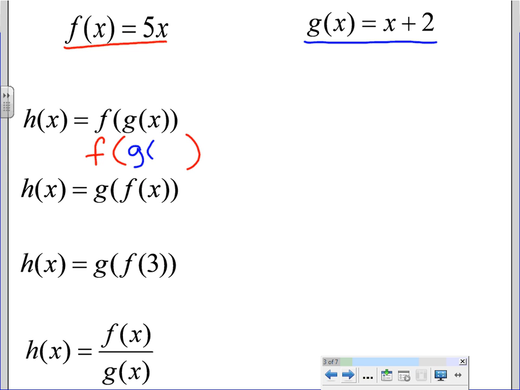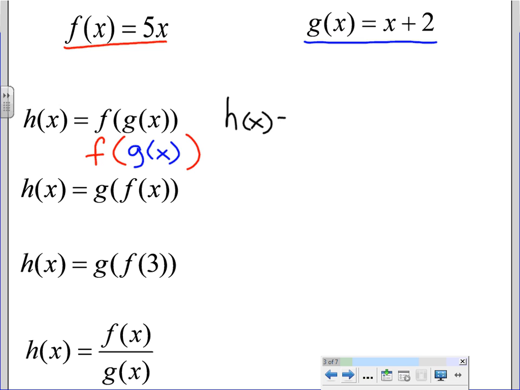And what's being inputted into g? The letter x. Okay, so when I see this, it says x is being inputted into g, and then that number or that equation is being inputted into f. So I'm going to start from the outside and work in. What is f of x?